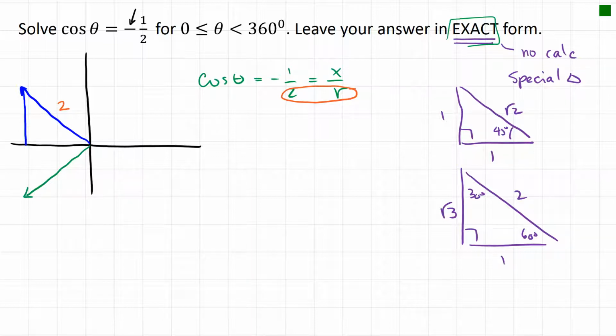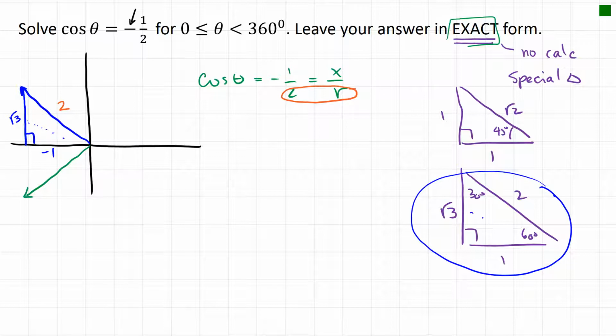So if I make my triangle with the x-axis, remember we're always using the reference angle as part of that triangle. This side is -1, this side is 2, which means by this triangle here, this distance has got to be root 3. And because we know that right across from the root 3, we have a 60-degree angle, we've just established the reference angle. So the reference angle is 60 degrees.